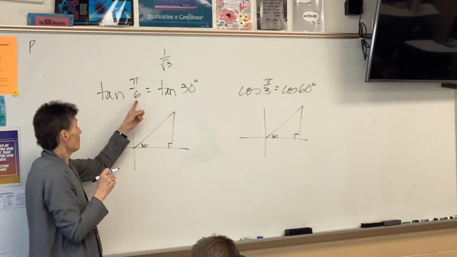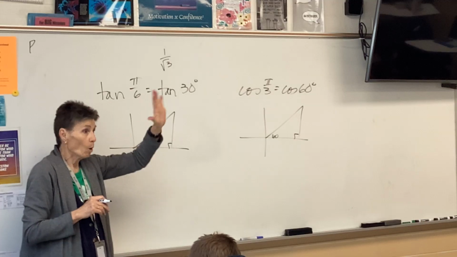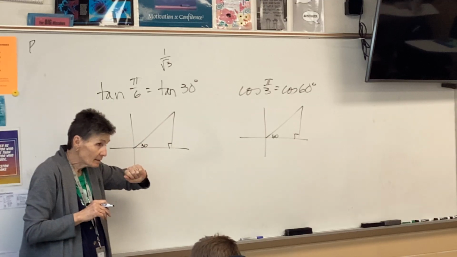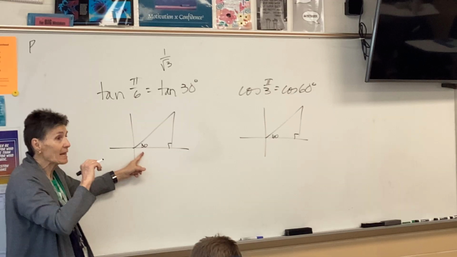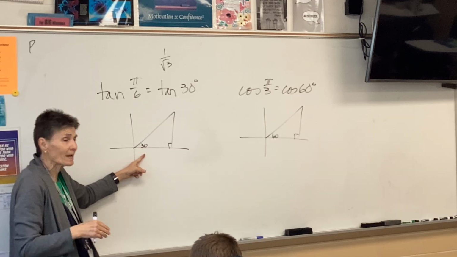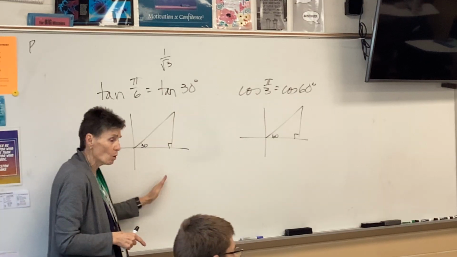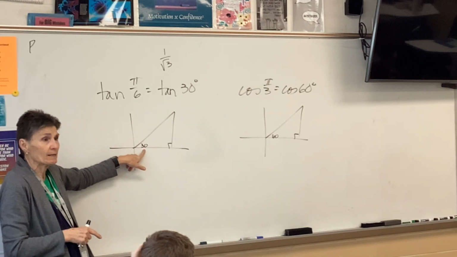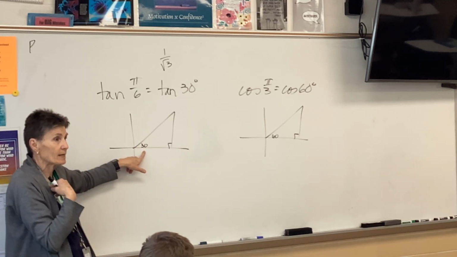First of all, pi over 6 is 30 degrees. Would everybody agree with that? 180 divided by 6. When I draw my angles, this is going to make your life so much easier if you just do it the way I do it. Set up a coordinate axis system, quadrant 1, right there goes the 30, or whatever your angle is, this time it's 30.